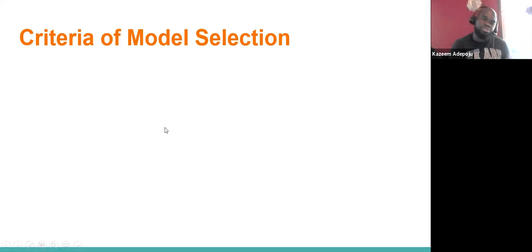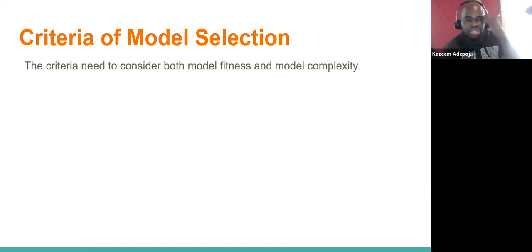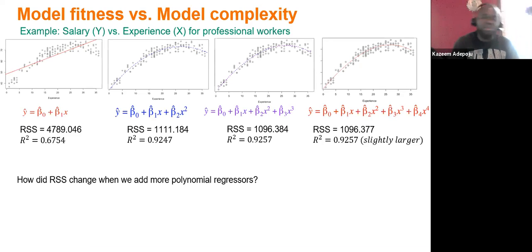And I've also shown you how R squared and the residual sum of squares can also be used. What we want to talk about here is that the criteria need to consider both model fitness and model complexity. So if you are trying to figure out the best model, you don't just look at the R squared alone.